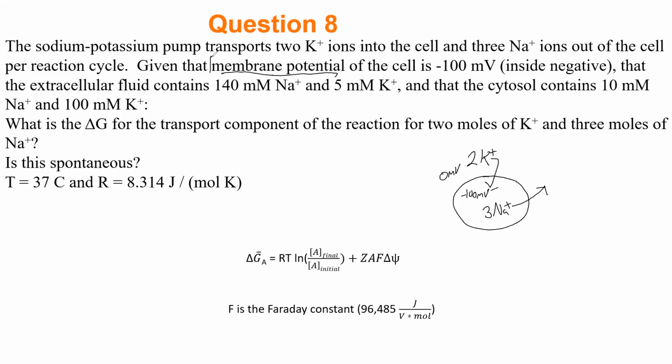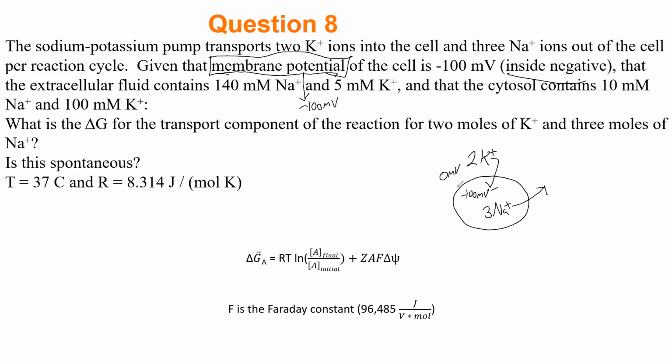The membrane potential is just saying the charge difference between the inside and the outside of the cell. In total, the membrane potential is minus 100. And we're saying the inside is the one that's negative. So to make the math easy on myself, I'm going to say the inside has a charge of minus 100 and the outside has a charge of 0.